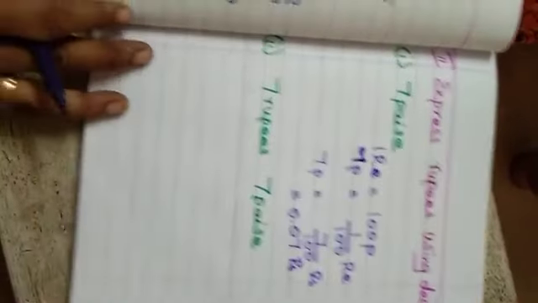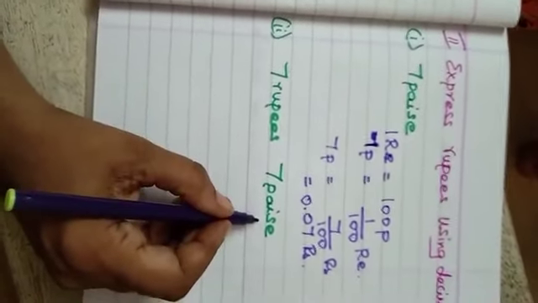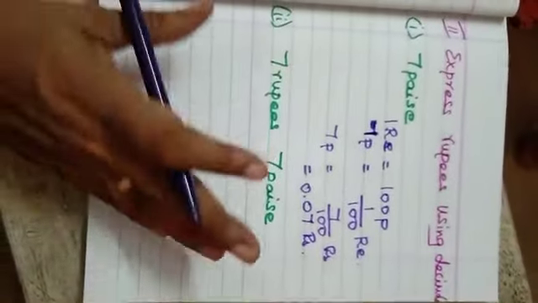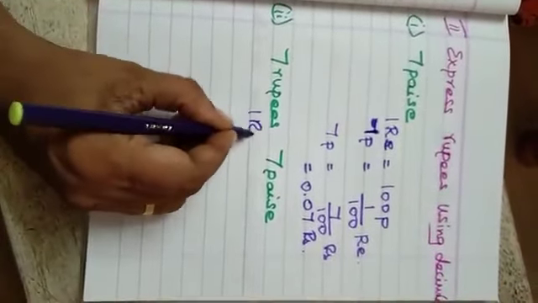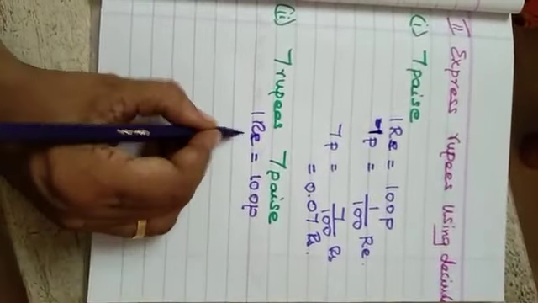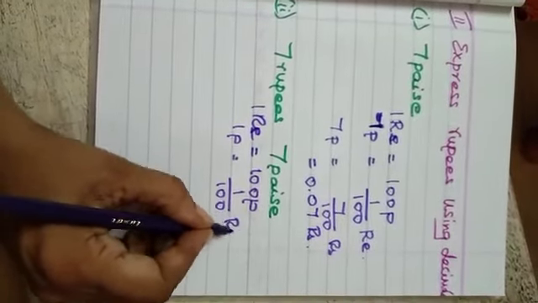Clear? Next, the second question. It is 7 rupees 7 paise. So only the paise I need to convert. Leave 7 rupees as it is. Same thing, 1 rupee is equal to 100 paise, so 1 paise is equal to 1 by 100 rupees.